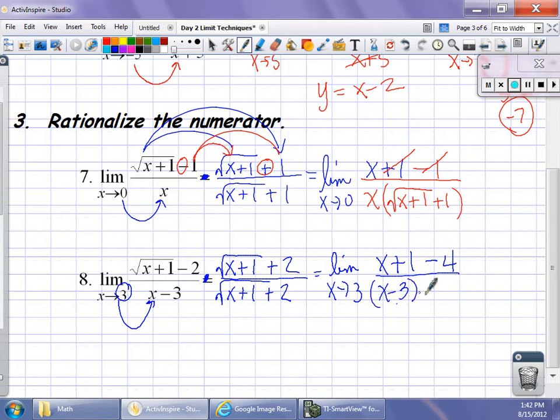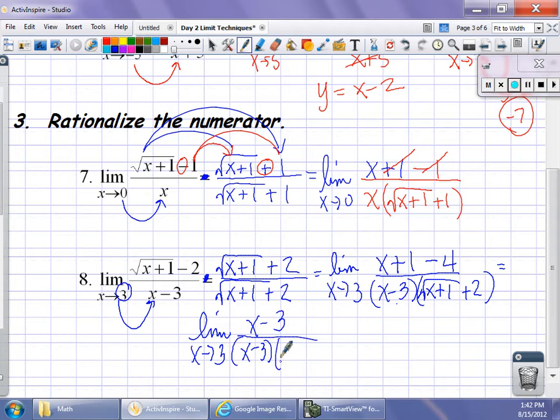Don't distribute that denominator through, because we want that factor in the denominator to divide out. That gives me the limit as x approaches 3 of x minus 3 over, see, there it is. That's going to remove my discontinuity.